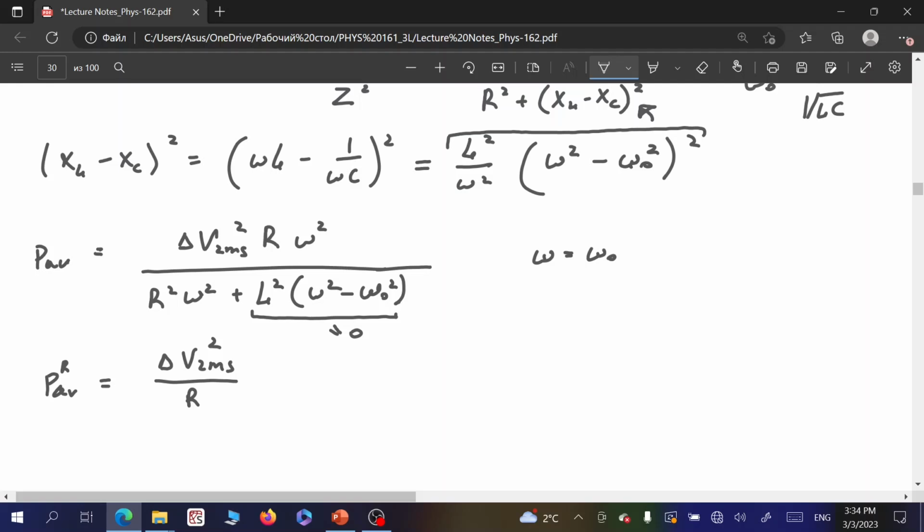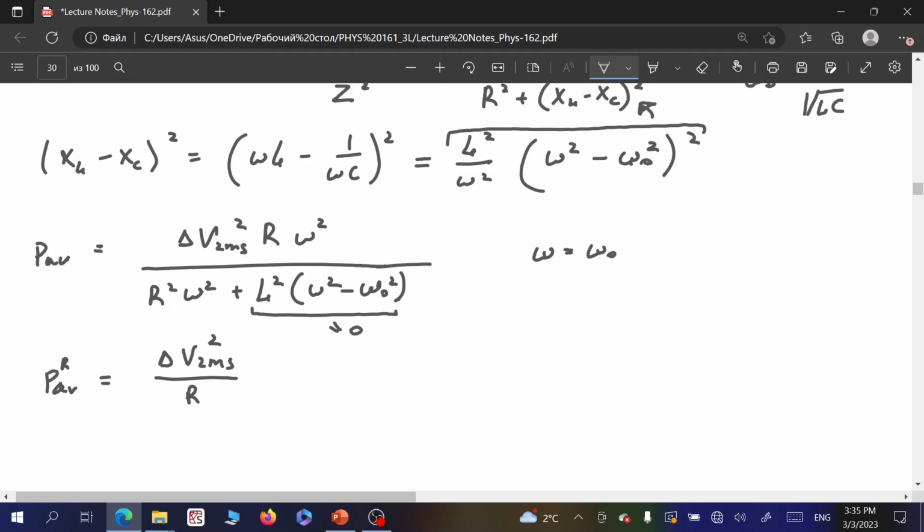So we get the maximum current flowing through the AC electric circuit at a certain frequency called the resonance frequency, when the inductive and capacitive reactance are equal in magnitude, and since they are in opposite phases, they compensate each other. Their contribution to opposition of current flow through the AC circuit is equal to zero, and it's defined only by active resistance.